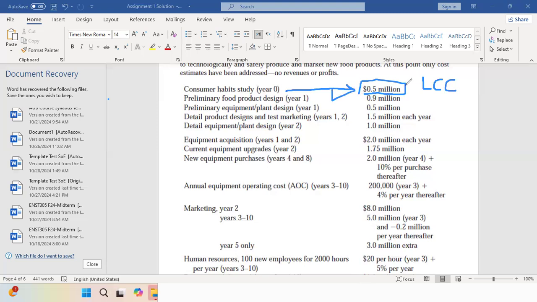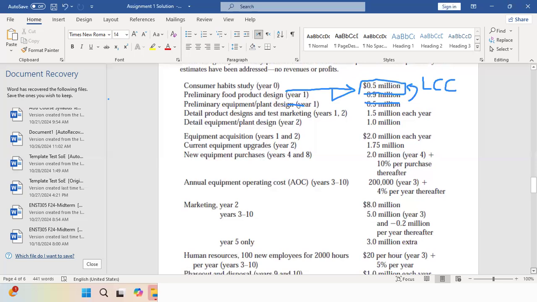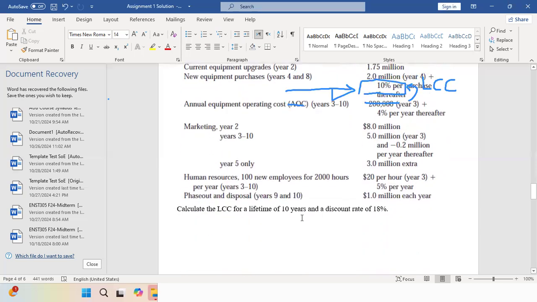It's 0.5. Now, for preliminary food product design at year one, the cost is 0.9 million. To have the net present value at year zero, we just have to consider the discount rate. They said in this problem, calculate the LCC for a lifetime of 10 years and for a discount rate of 18%.